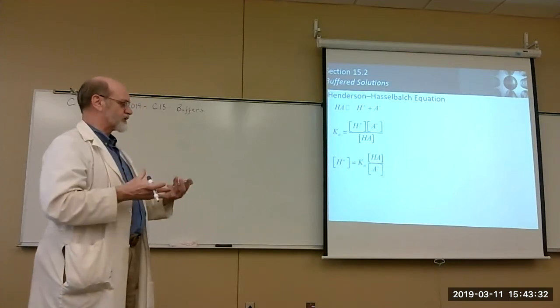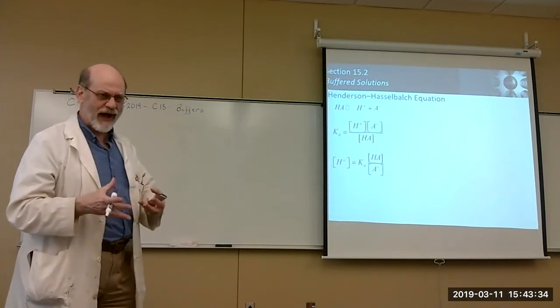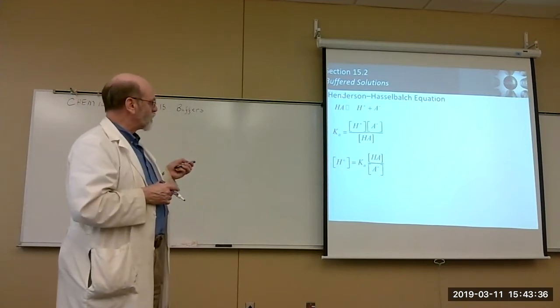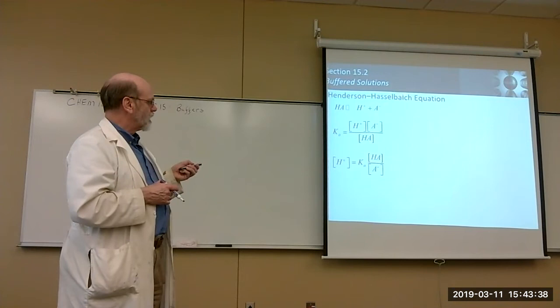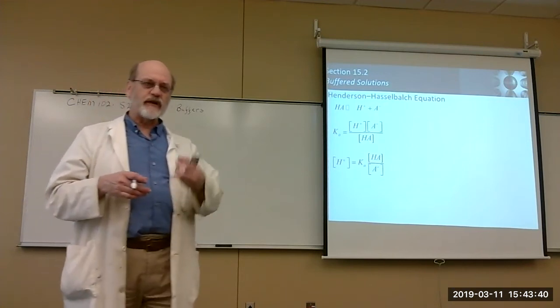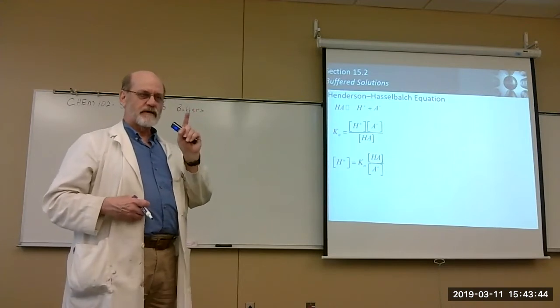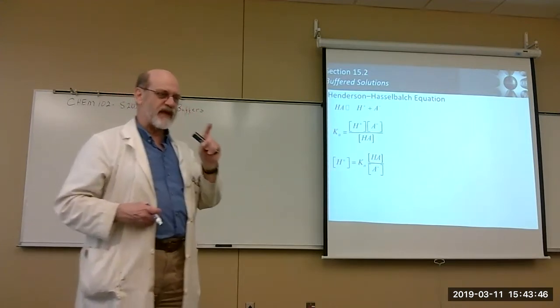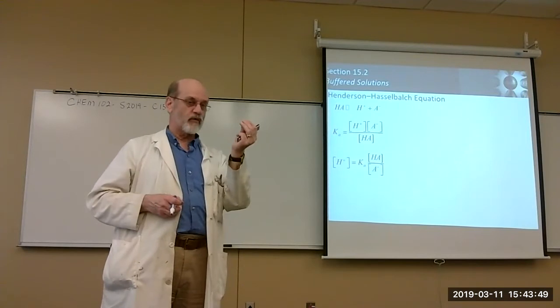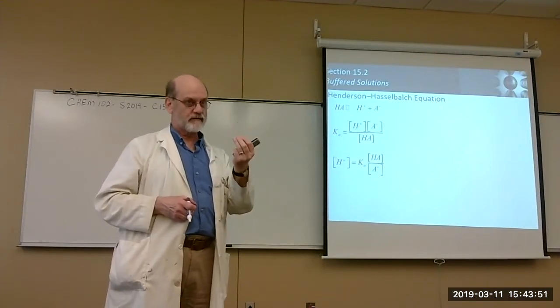We rearrange this equation. Why? Because the whole purpose of creating a buffer is knowing the pH that is in the buffer zone, that is, the pH that will be most stable when you add acid or base to it.